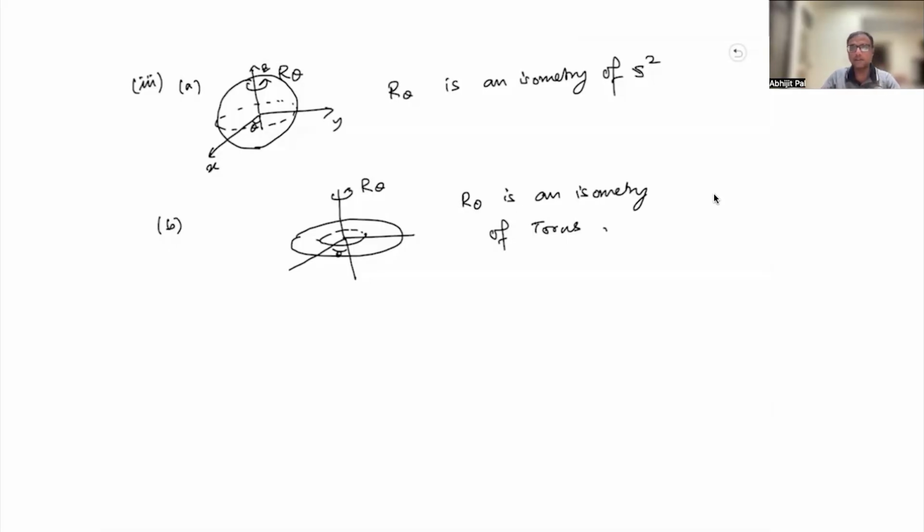Other isometries of a surface you can get by reflection also, but I am not going into that.